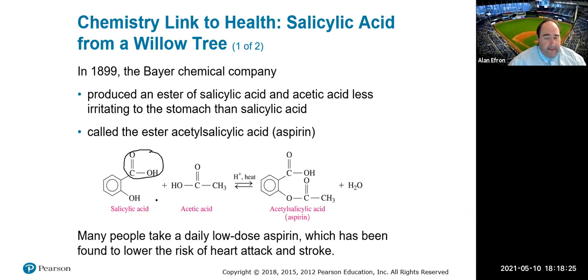We take the alcohol group here and this guy, and they come together to make acetylsalicylic acid, which is basically aspirin, as the reaction of salicylic acid and acetic acid together, basically vinegar and salicylic acid gets us aspirin. And again, we actually have the ester bond here, carboxylic acid group on this guy.